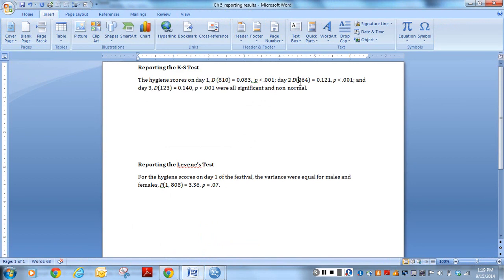Day two, this is my sample size. This is my KS test statistic, p-value less than 0.001. And then day three, D, here's my sample size or my degrees of freedom. We have the test statistic, and again, less than 0.001. They were all significant and non-normal. So all the scores on all 3 days were non-normal.